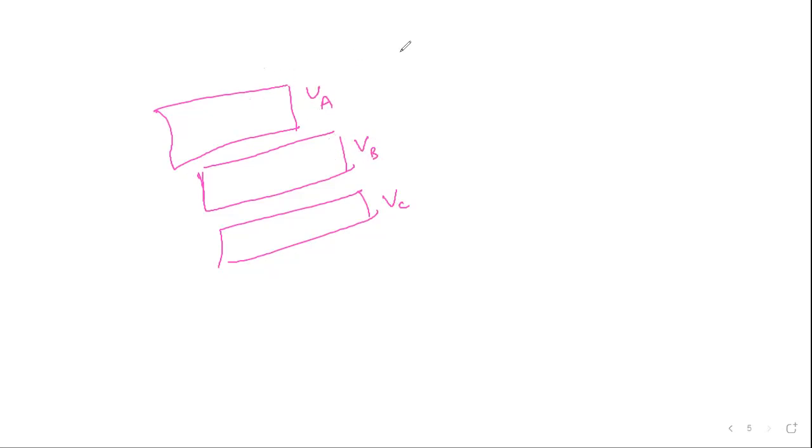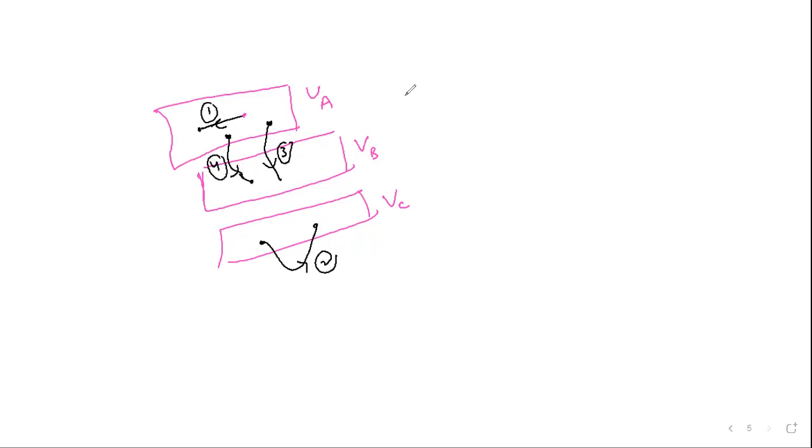Now, if we move along this surface, let me use another color, from this point to this point along path 1. Then I show another path. Let this be path 2. Let this be path 3. And let this be path 4.